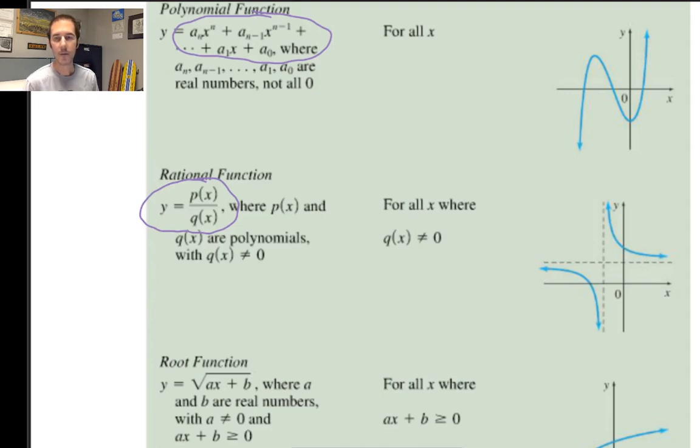In a rational function, if you could factor the numerator and the denominator and cancel out one of the factors from the denominator, the act of canceling it out would make that a removable discontinuity. And graphically, that shows up as a hole.